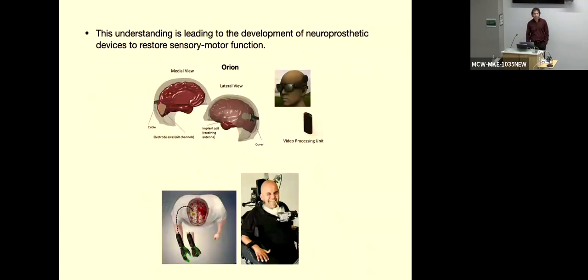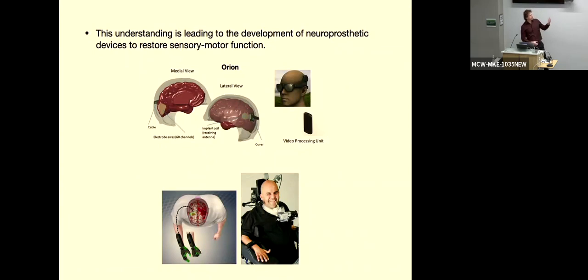And so understanding how sensory and motor information is encoded in these areas of the brain has led us to developing neuroprosthetic devices, which are brain-machine interfaces that can restore sensory function or motor function.